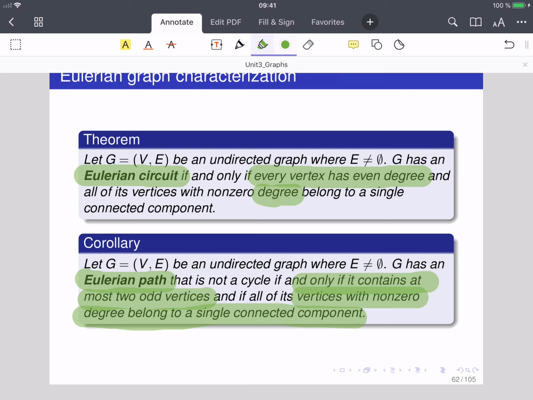Okay, because we cannot have just one vertex of odd degree. The number of vertices of odd degree must be even. So if we have 0 or if we have 2, which are the minimal cases of odd degrees, then we have an Eulerian graph. Okay, that is what we get from this result.